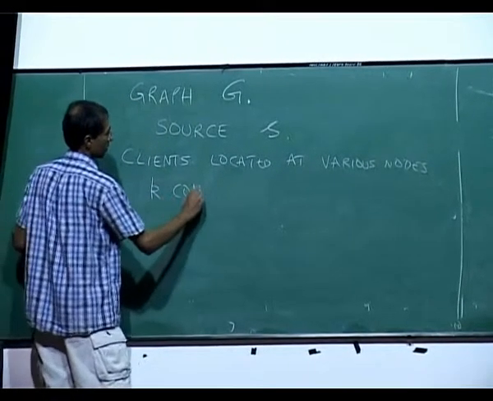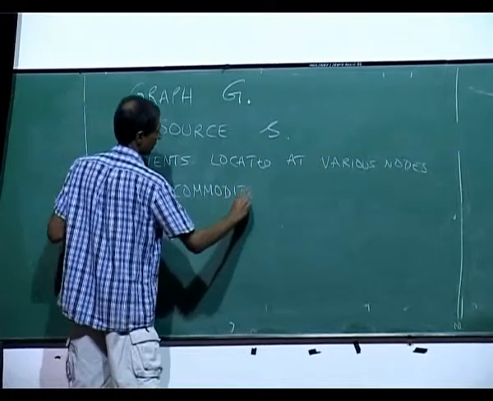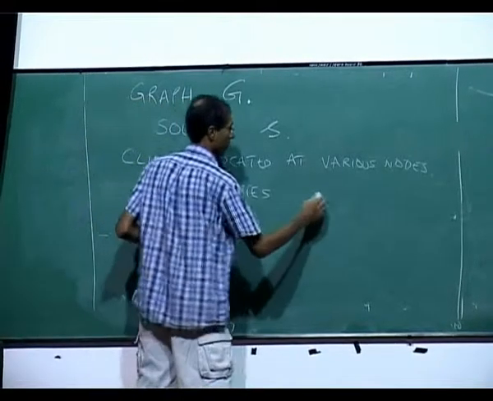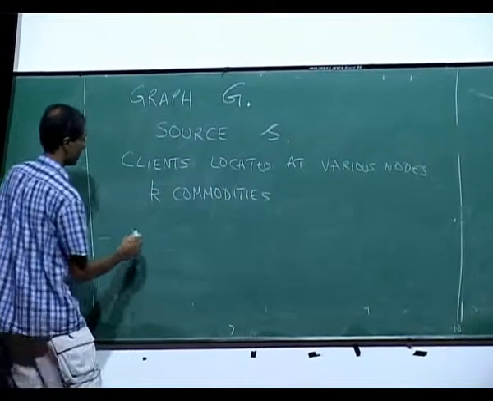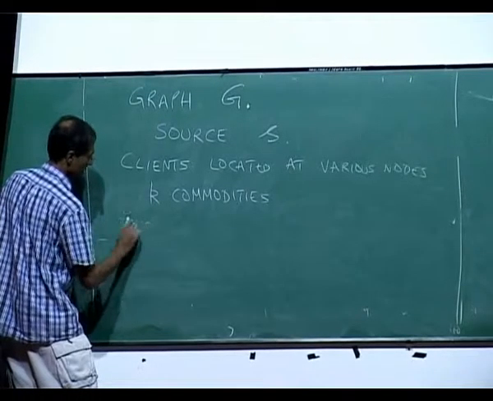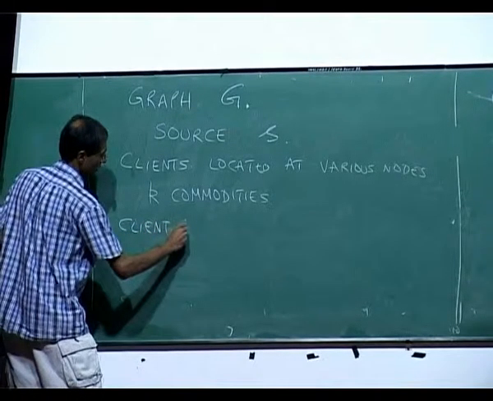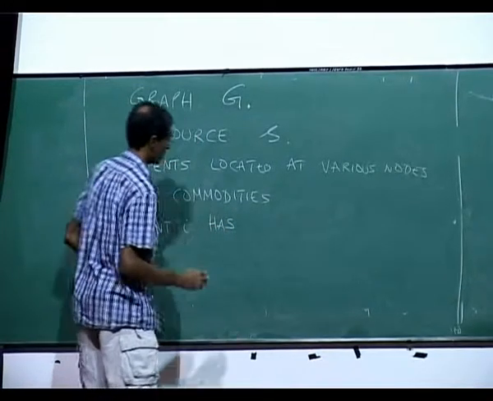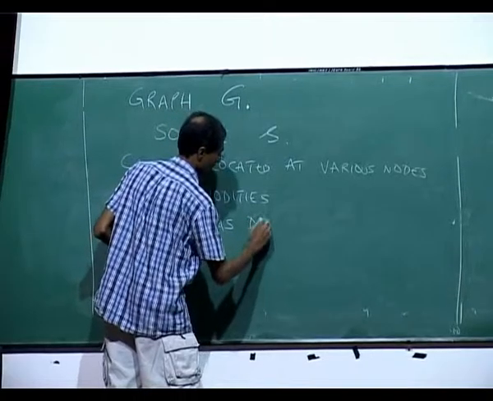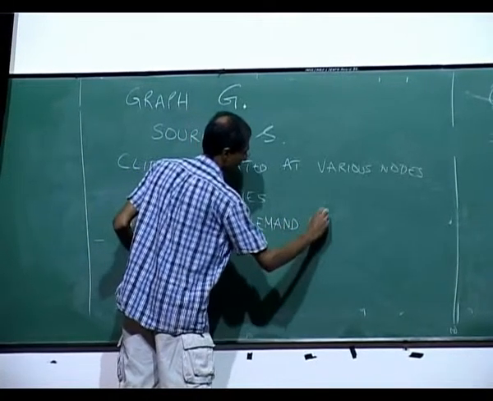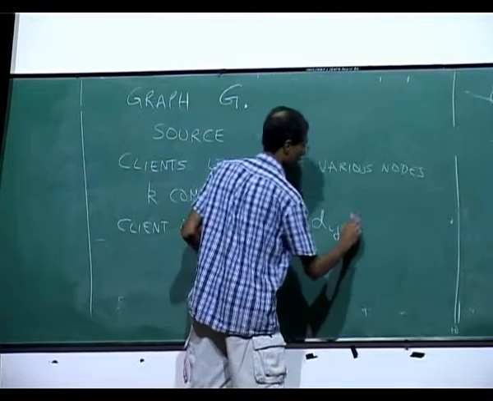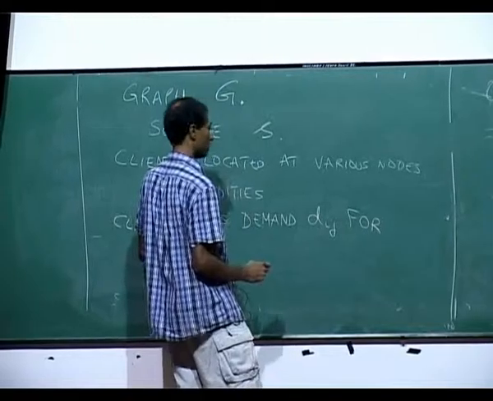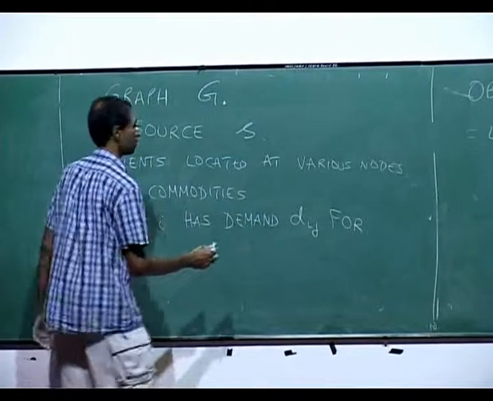I have K commodities. And client i has demand D_ij for commodity j.